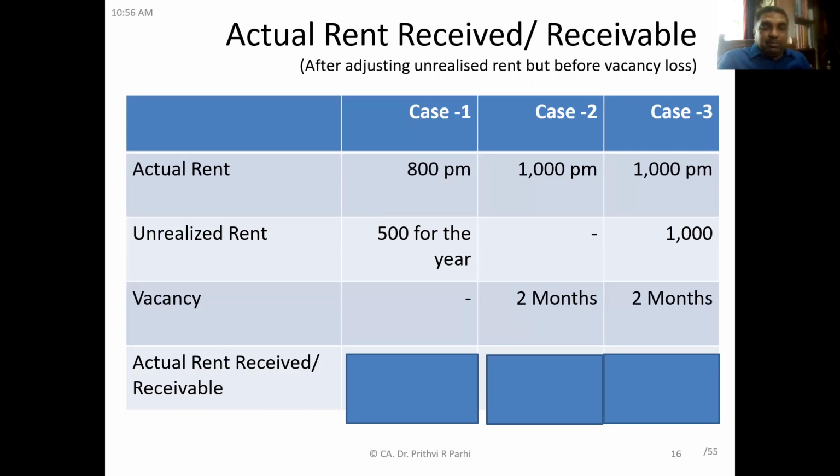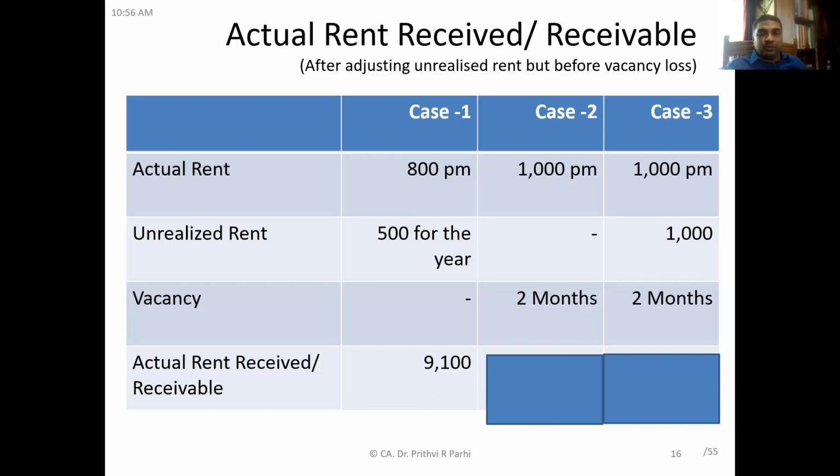Please calculate actual rent received or receivable. Sir, 9,100. Very good. So 800 per month, so 9,600 minus 500 rupees as unrealized rent, so 9,100.